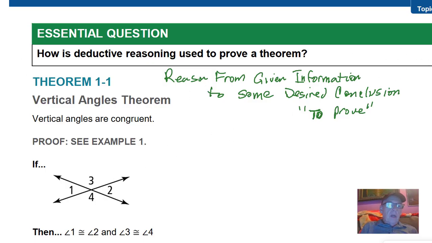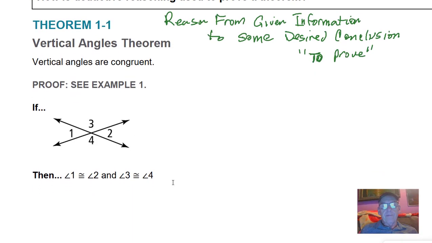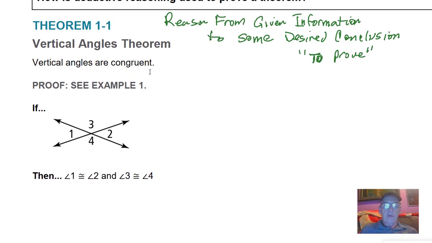Okay, let's look at what we need to do for the theorem. Now our theorem 1-1, we call the vertical angles theorem. The way that these proofs are numbered in geometry generally is that 1-1 means that this theorem is from chapter 1, and it's the first theorem in chapter 1.